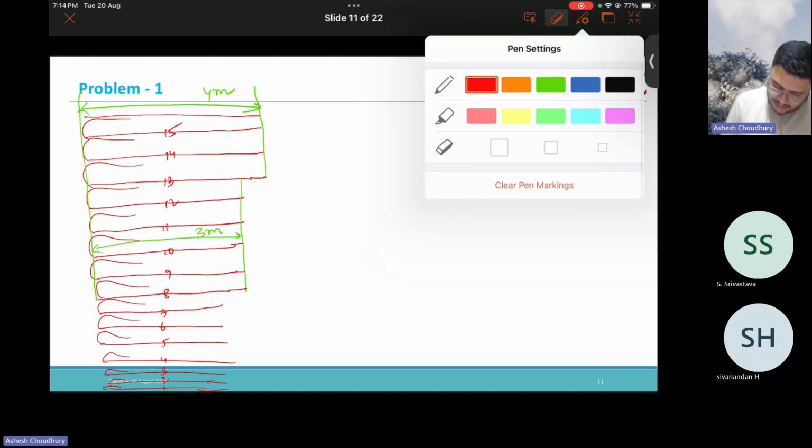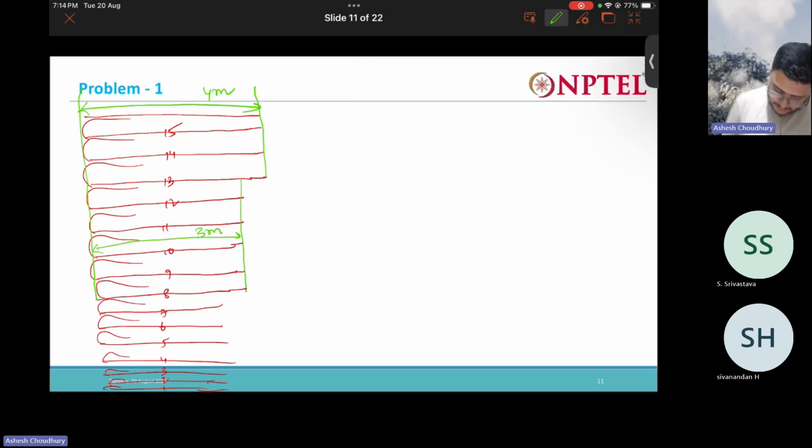And the layers below, from here to here, we have 2 meter. So this is how we have distributed the length along the wall.